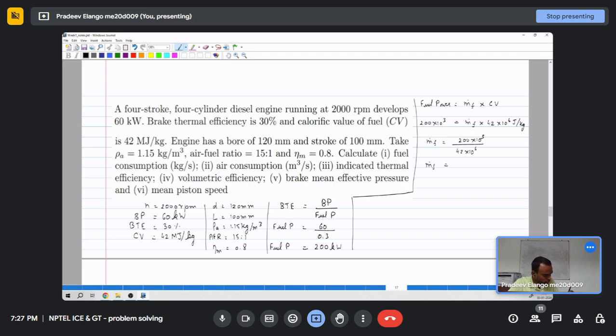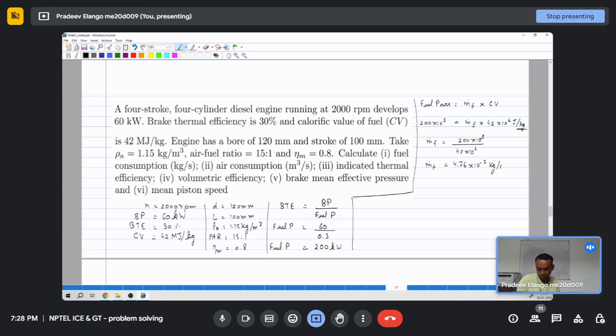That is 4.76 into 10 power minus 3. The unit is kilogram per second, since the calorific value is in terms of kilogram. So fuel consumption is calculated.